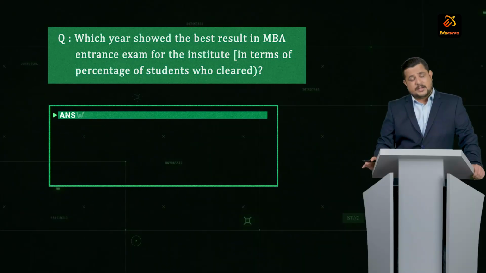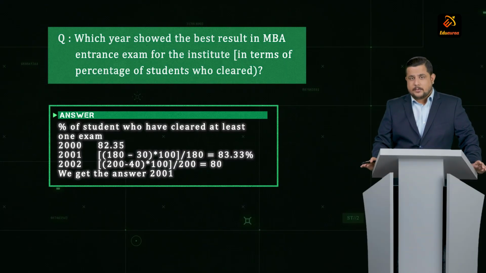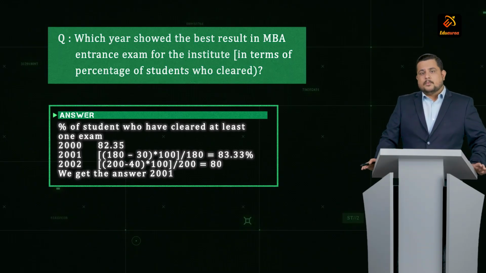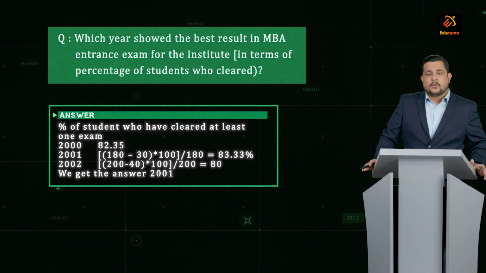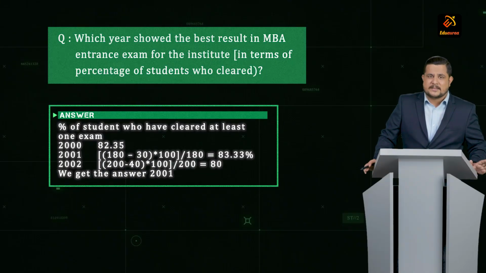So we just have to find out the percentage of students who cleared any one exam, right? At least one exam. So we need to calculate the proportion of students who passed the exam in each year, the percentage of students who have cleared at least one exam. And it is given to us that one student can clear one exam only.